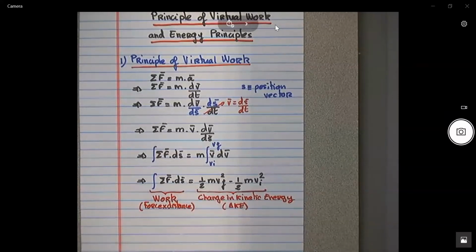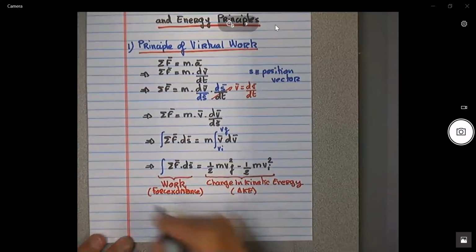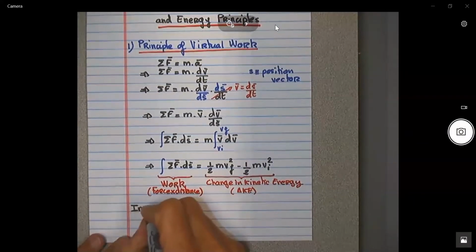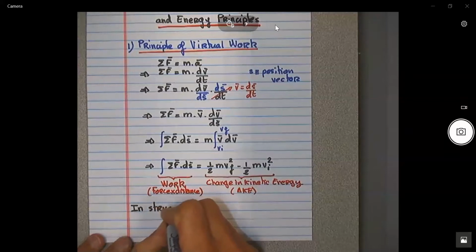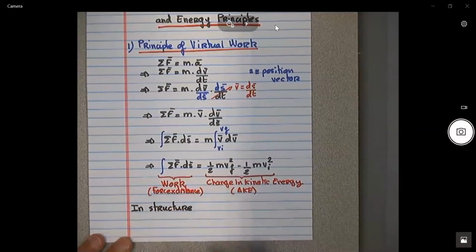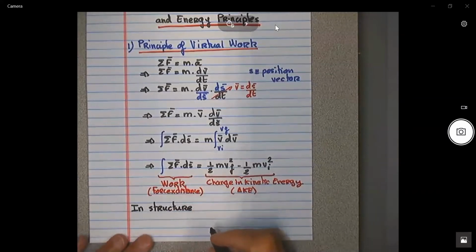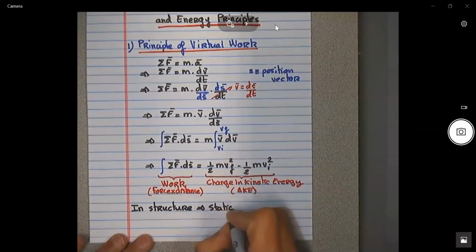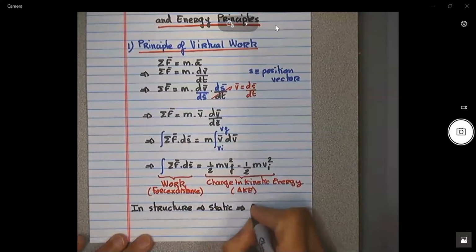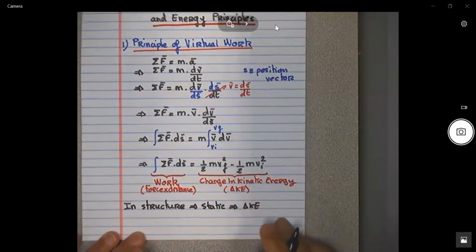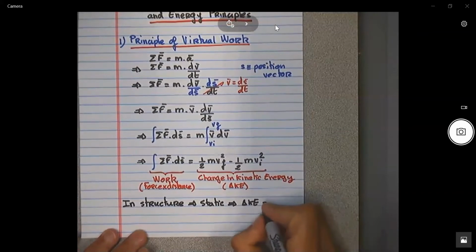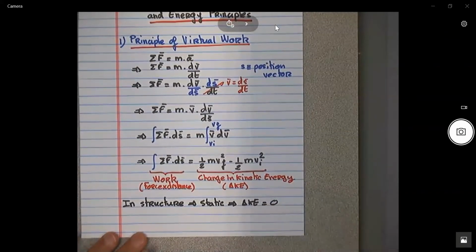All right? So now, we know that in structures, what is the basic equation? Summation of forces equal to 0, no? So everything we assume in structures, which is not always good, but we assume that the problem is static, which will involve what? That the velocity is 0, meaning that the change in kinetic energy will be equal to 0, no?